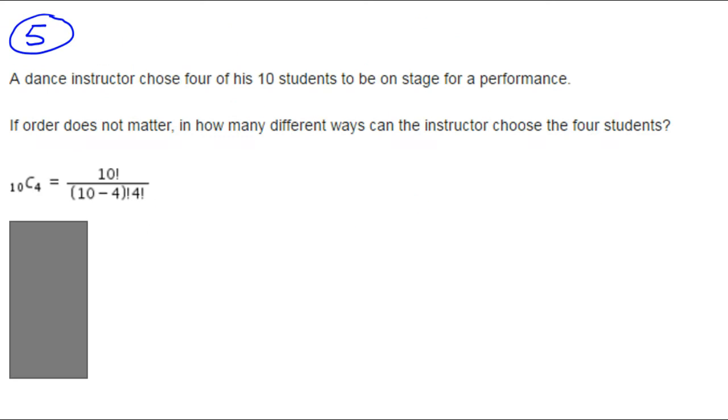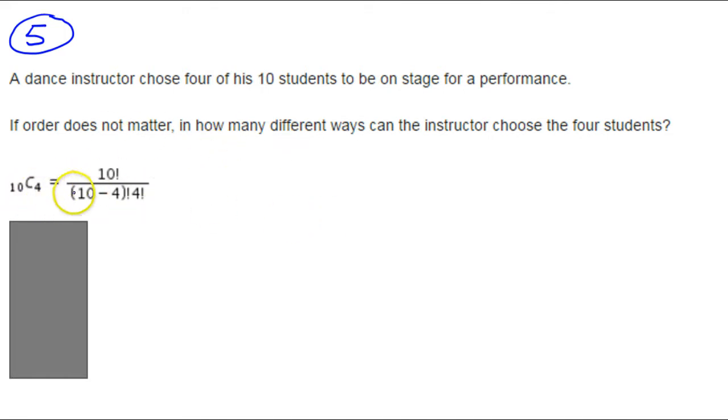A dance instructor chose 4 of his 10 students to be on stage for a performance. If the order does not matter, in how many different ways can the instructor choose the 4 students? Well, when the order doesn't matter, that's when we do combinations.